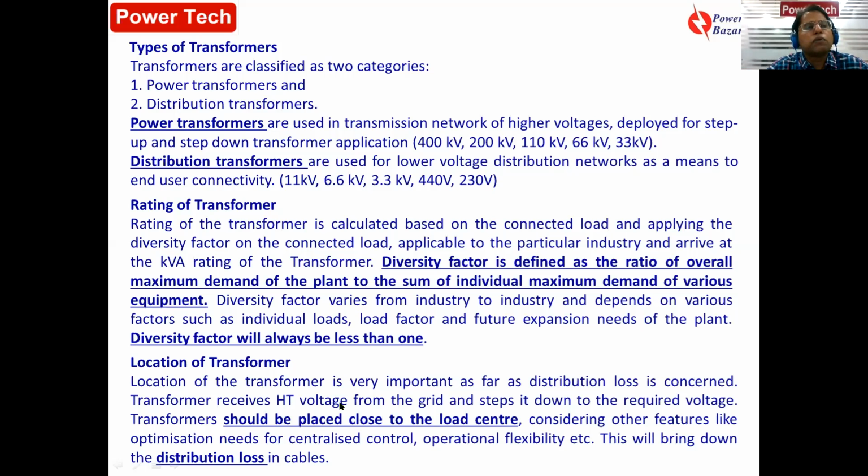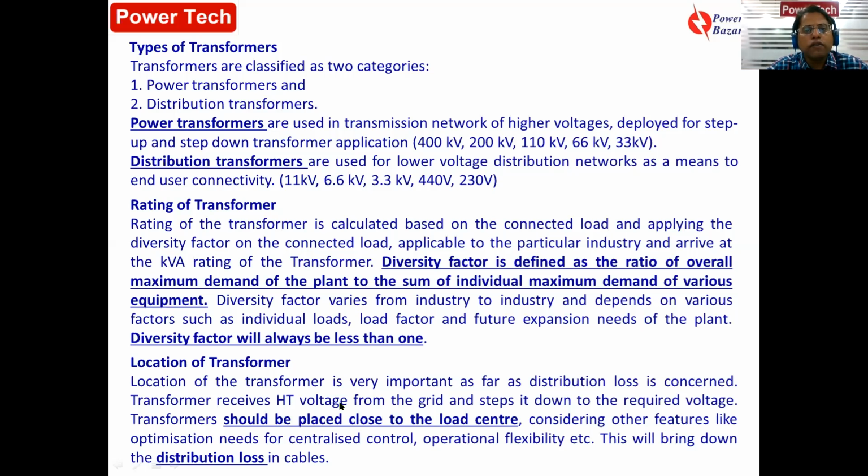Now, where is the transformer located? Since you are transforming voltage, what is the need of transforming voltage? To reduce the cable loss, to reduce the line loss. Because when you transmit energy at higher voltage, the current reduces, therefore I square R loss reduces. By applying this logic, it is an automatic choice that the transformer should be placed nearer to the load center.